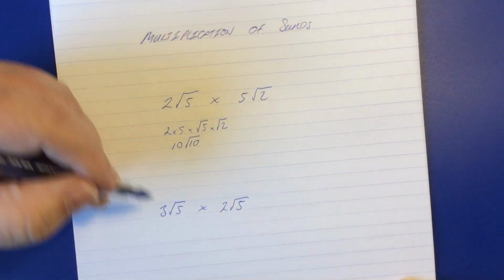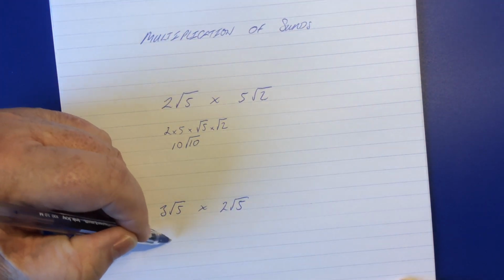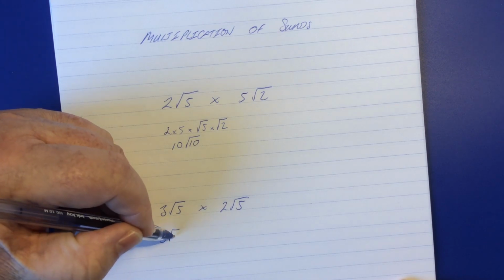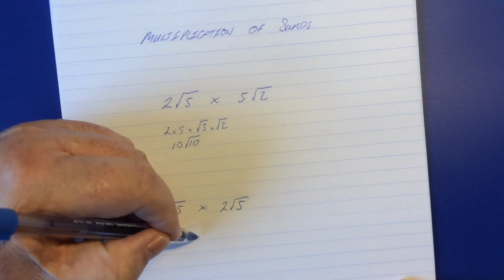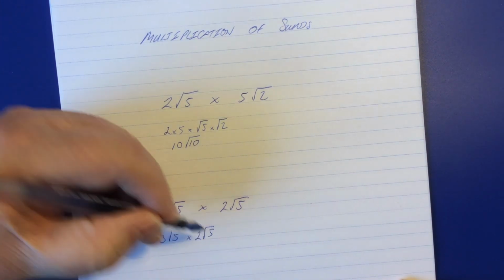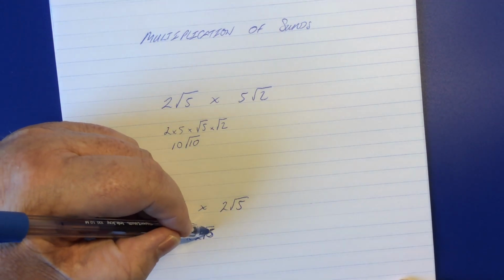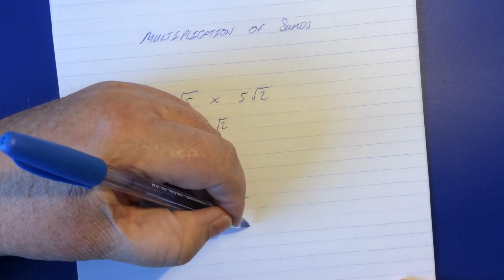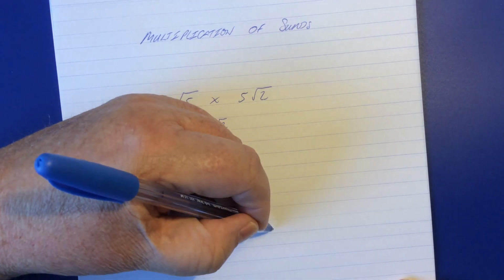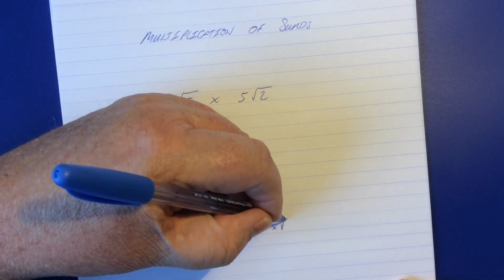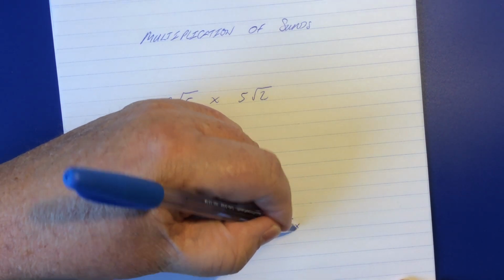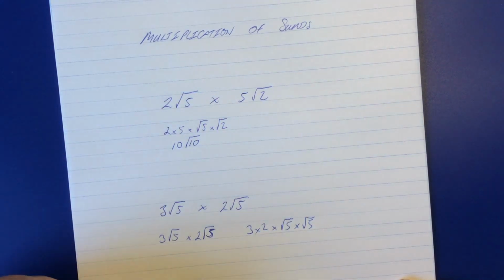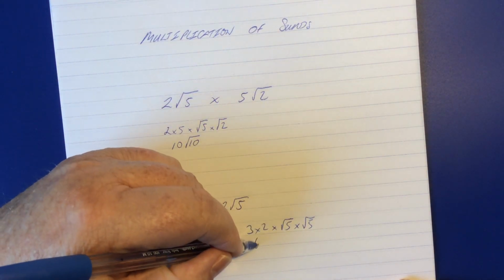Let's have a look at this. 3 root 5 times 2 root 5. I don't know why I rewrote that, but I did. Okay, so 3 times 2 times root 5 times root 5. Now, 3 2s are 6, so we can put that there.